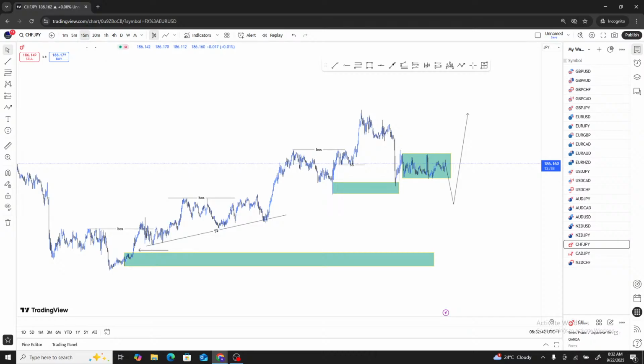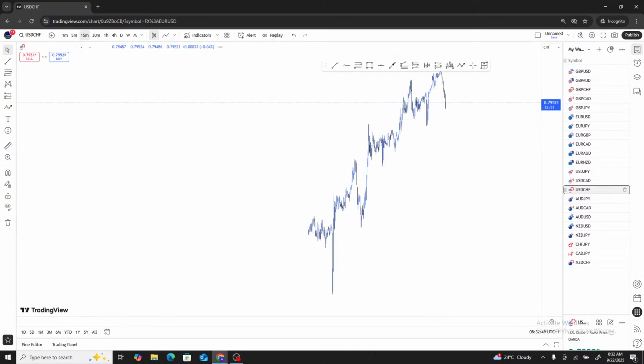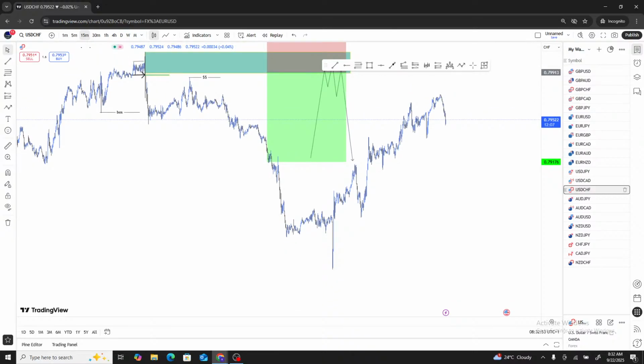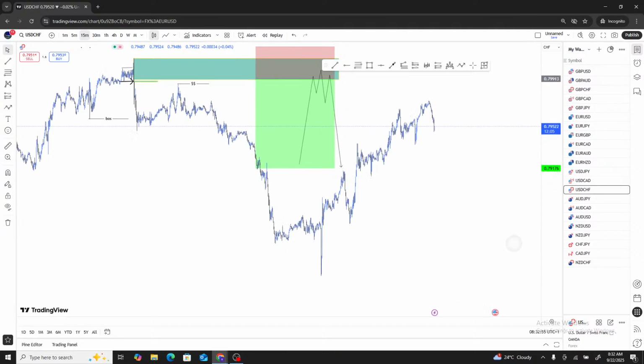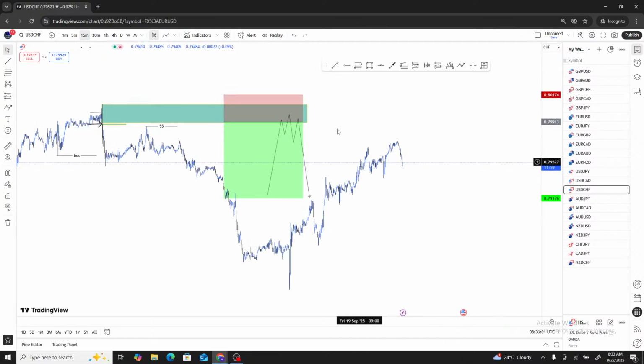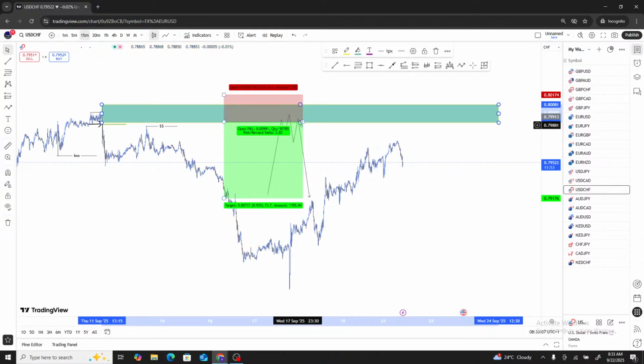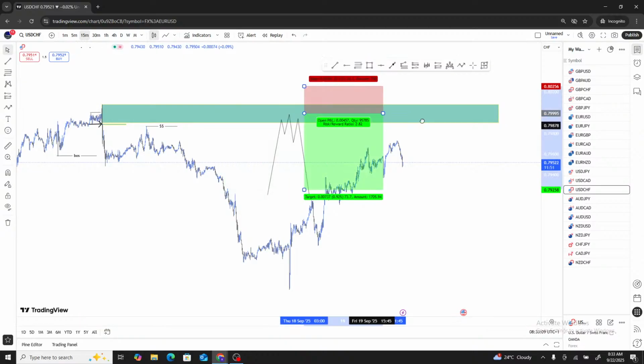We can as well look at USDCHF, US dollar versus the Swiss franc. Can you see? Price has been moving up, getting to this level. Price has been moving to this level, so we look out for this.